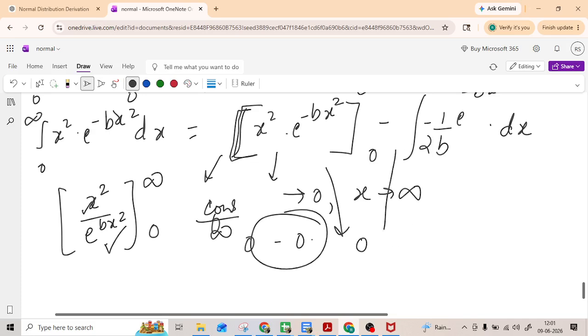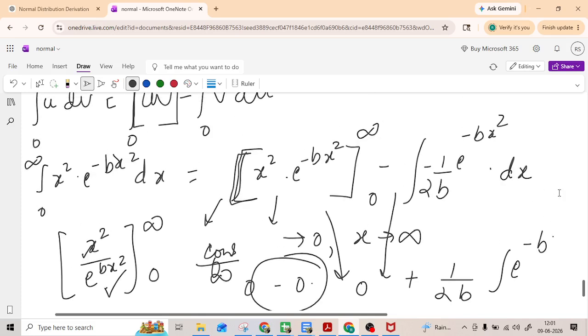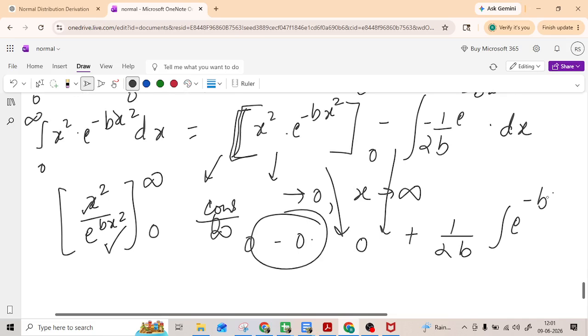So this term itself becomes 0 and then minus minus becomes plus. So this term would be plus 1 by 2b e raised to the power minus bx square dx, 0 to infinity.